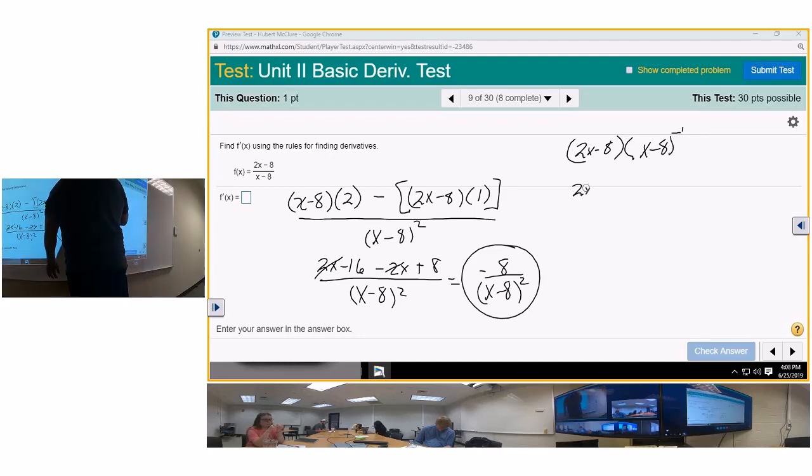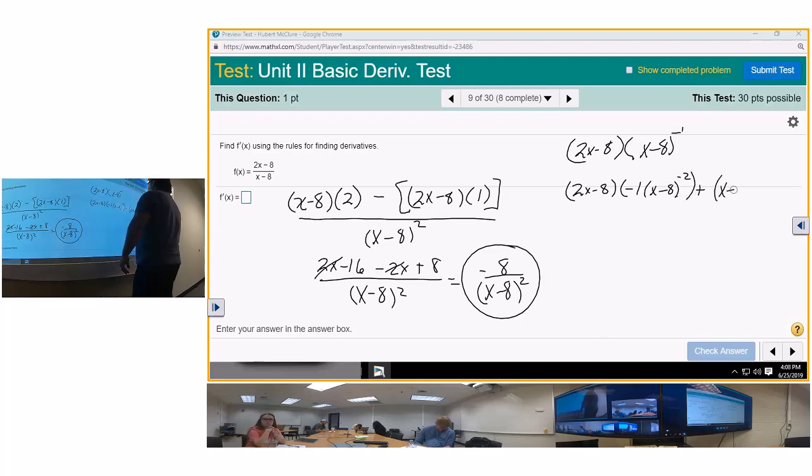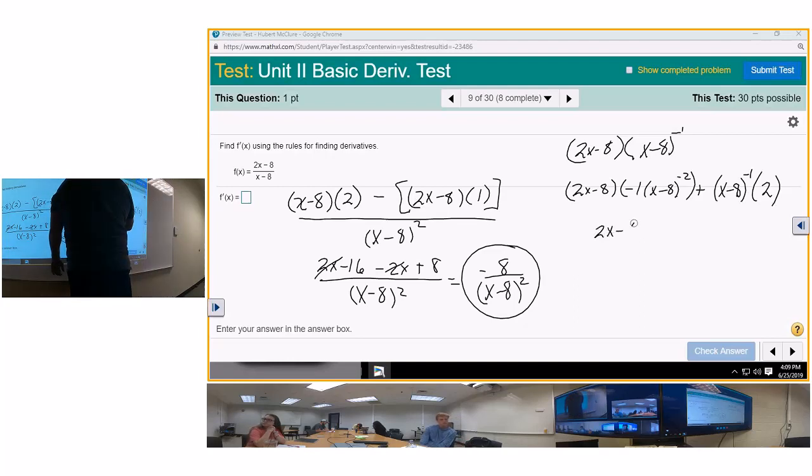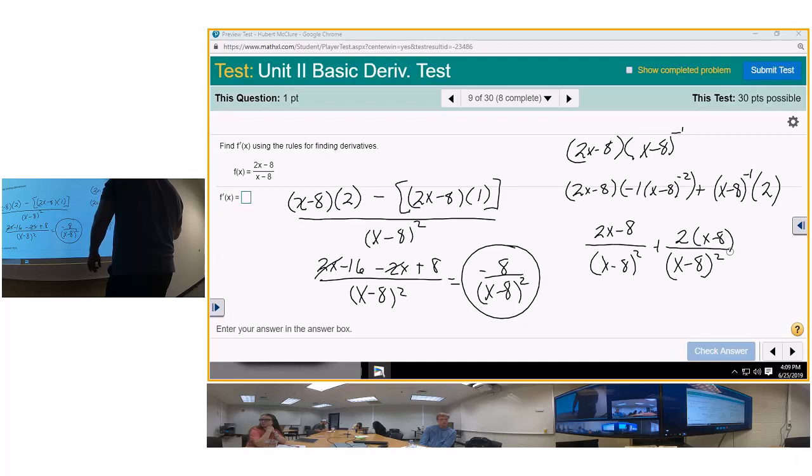First, times the derivative of the second, plus the second, times the derivative of the first. 2x minus 8 over x minus 8 to the second power plus 2 over, and we're going to take that x minus 8 down there, and that's going to become squared, and that's going to become x minus 8 here, and that's going to be 2x minus, there's supposed to be a negative somewhere. I messed up somewhere, there's supposed to be a negative.